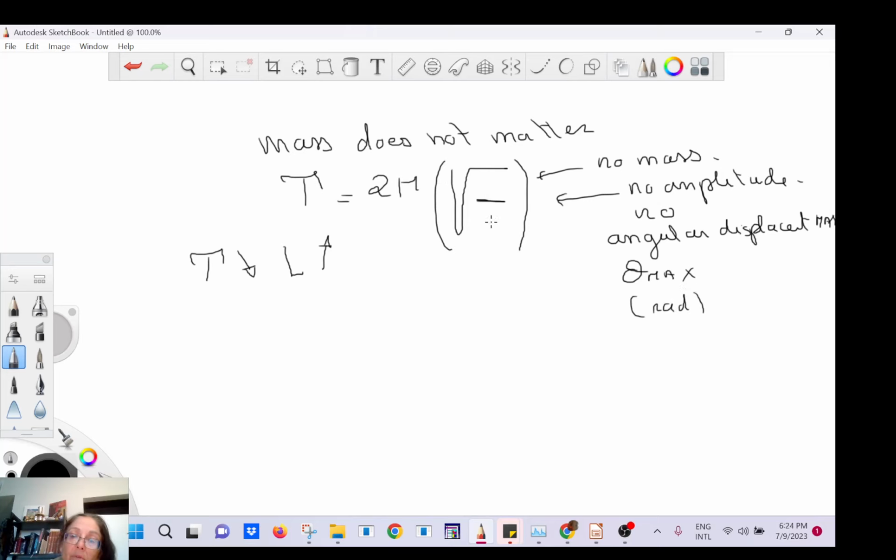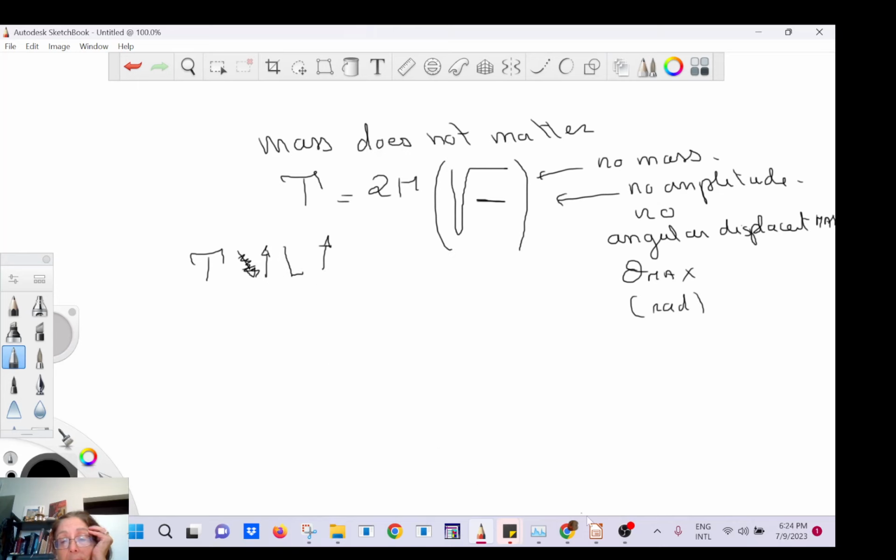So you're not going to find amplitude here, you're not going to find the mass, you're going to find the length. So when the length increases, the period increases.